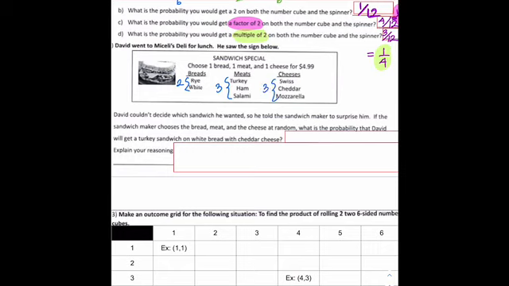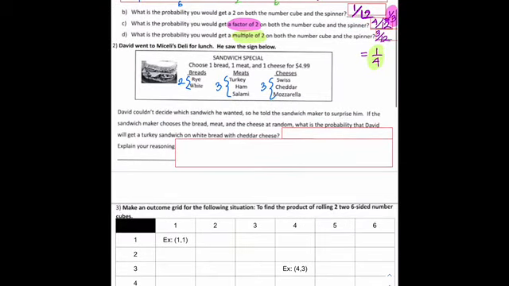I would like to keep the answer part for later. I want to actually explain the reasoning first. So we have 1 white bread because we're looking for white, so we have 1 out of 2 options for the white.